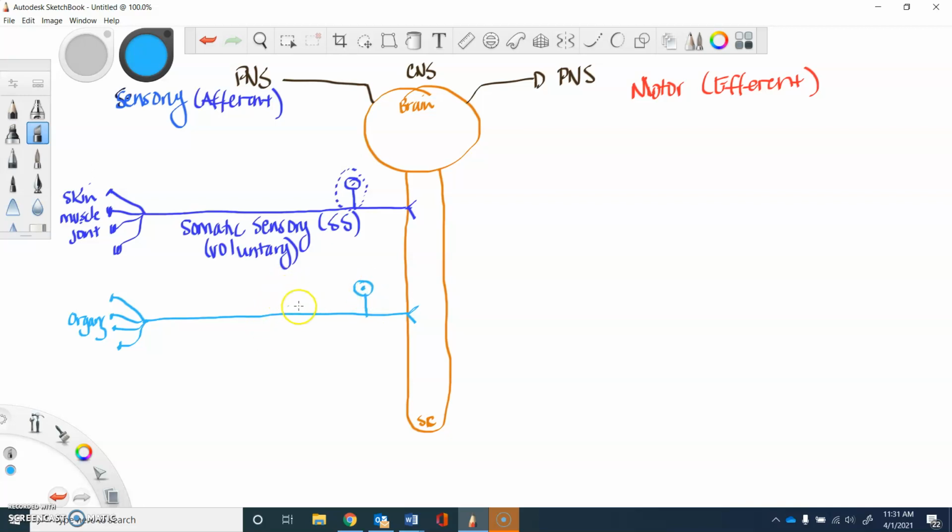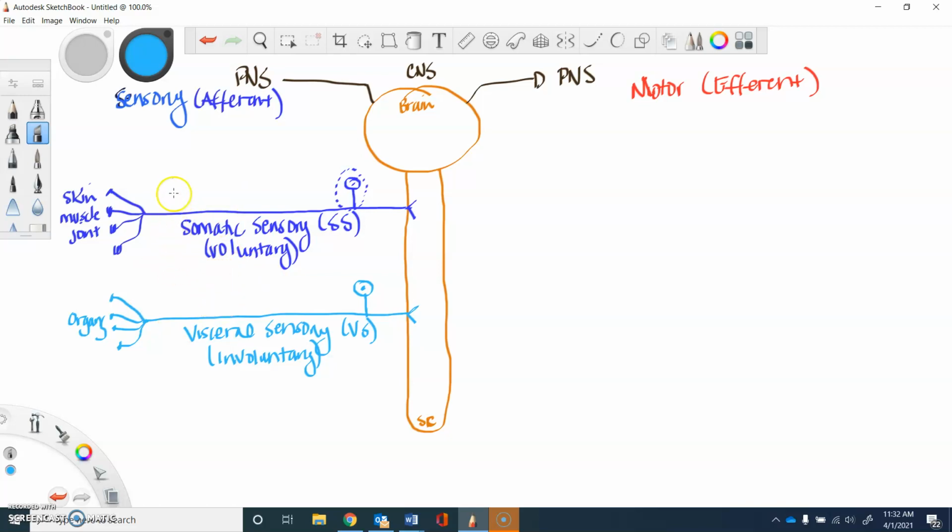And the difference with these is this is called a visceral sensory neuron, or VS. This type of neuron is involuntary. You don't have any control and you don't have any consciousness of things that are going on within your internal organs. They're just doing their thing. Okay, so those are the two types of sensory neurons that we have. That's the whole sensory system.